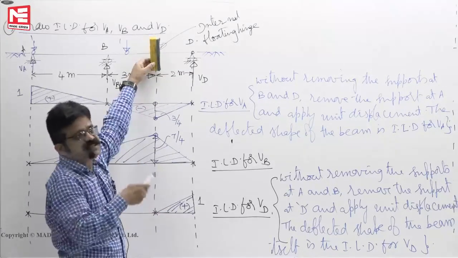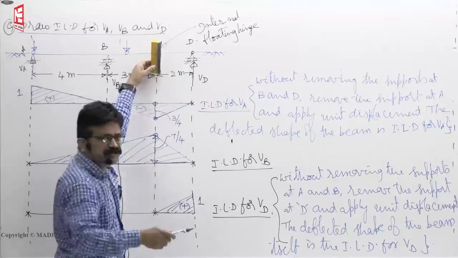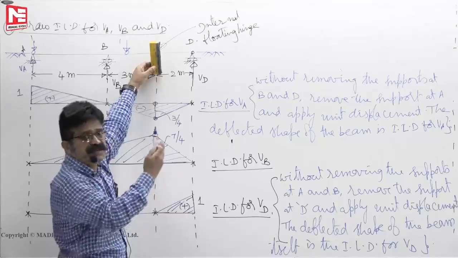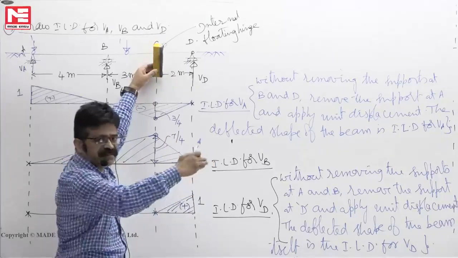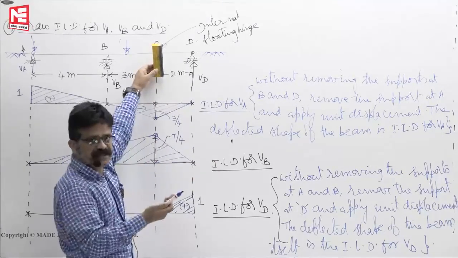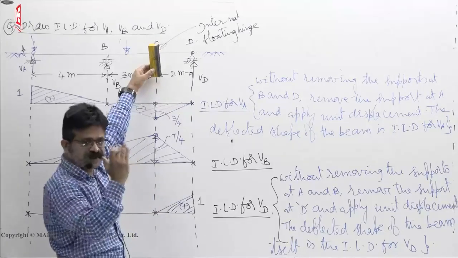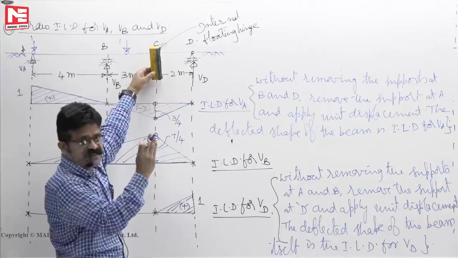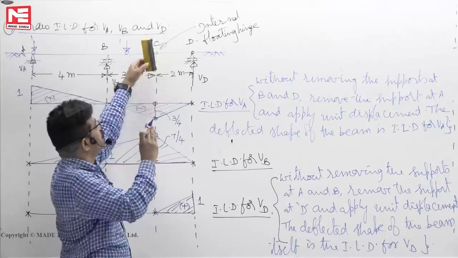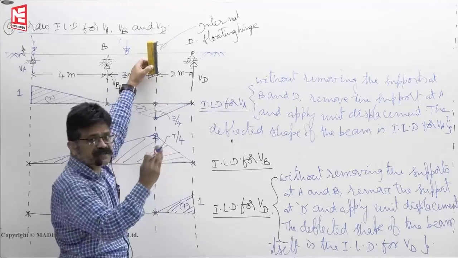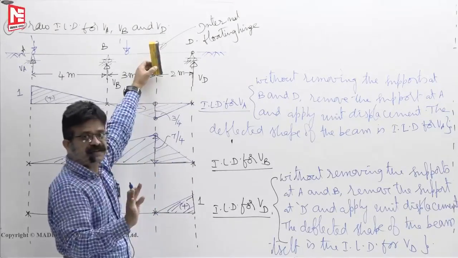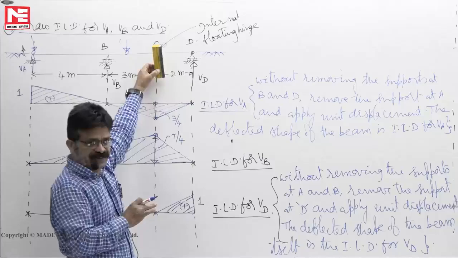External effects you will get, sigma M is equal to 0, means moments of all forces acting on the structure must be equal to 0. If you see only one side, you will see the internal effect called bending moment, how much it bends. That's why, in the bending moment diagram, bending moment definition: bending moment at any section is defined as the moments of all forces acting on LHS or RHS of a section only. Only then you will get that internal effect.